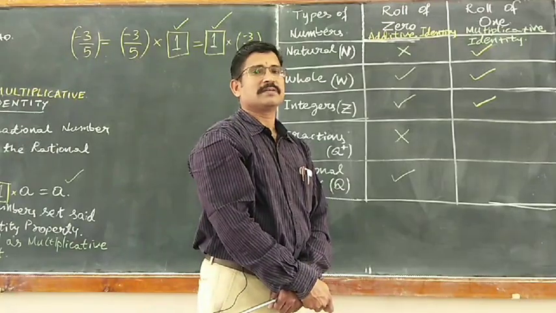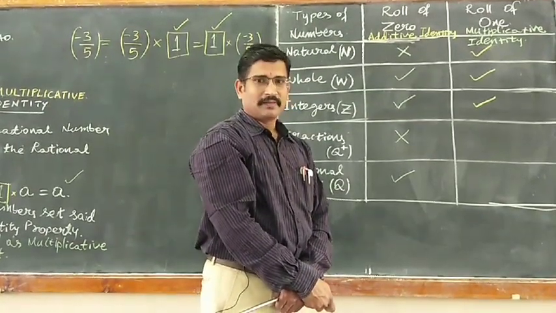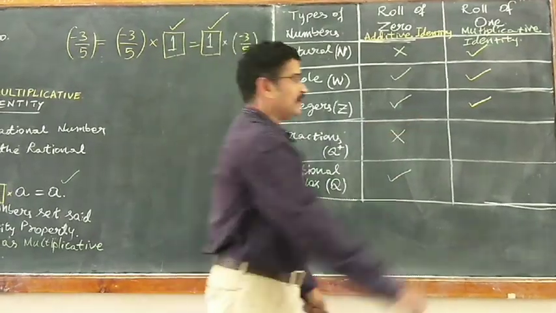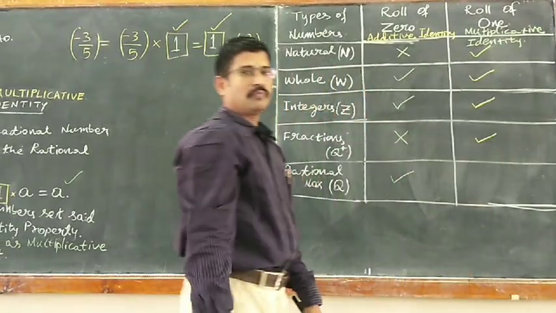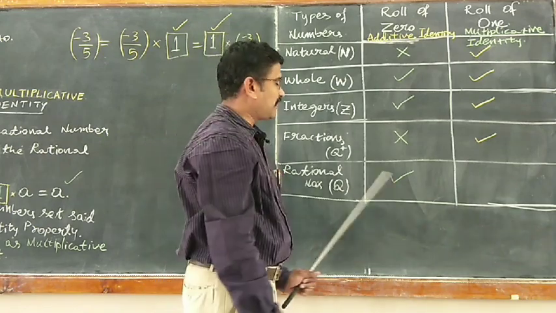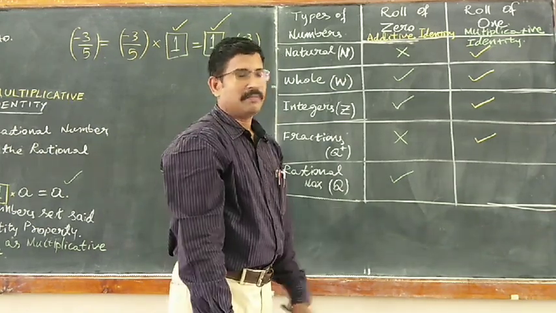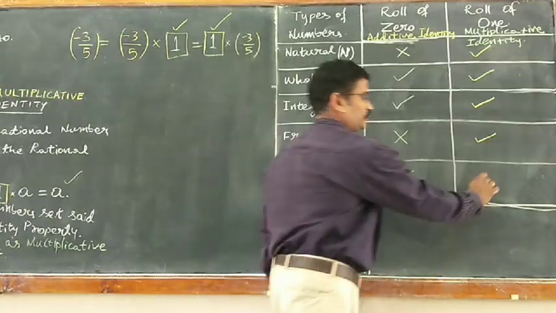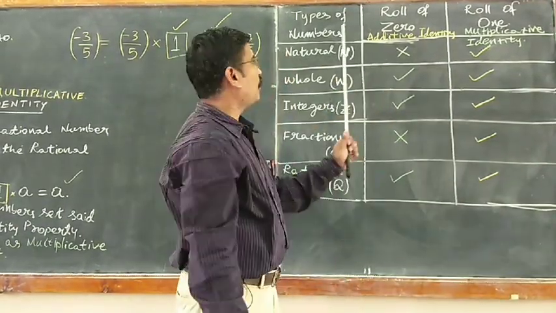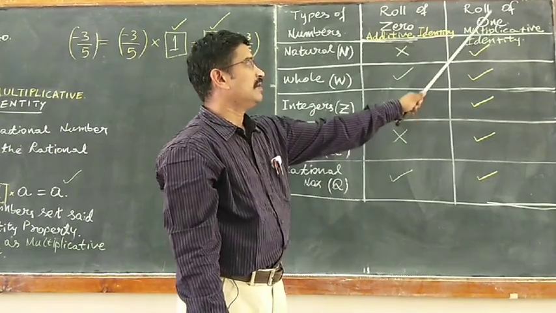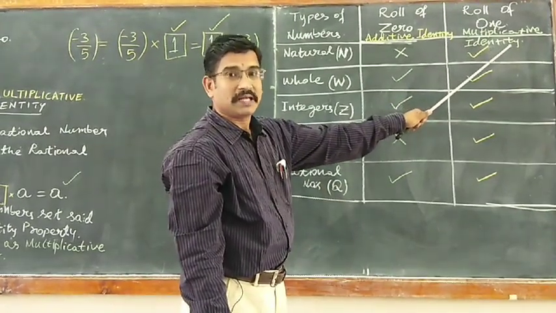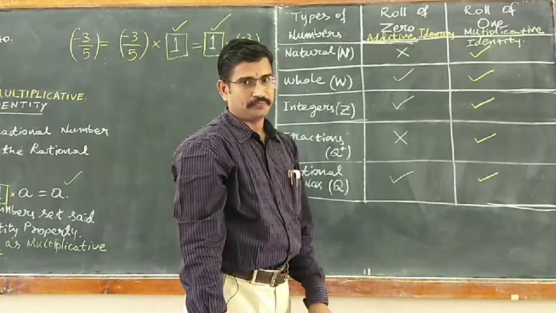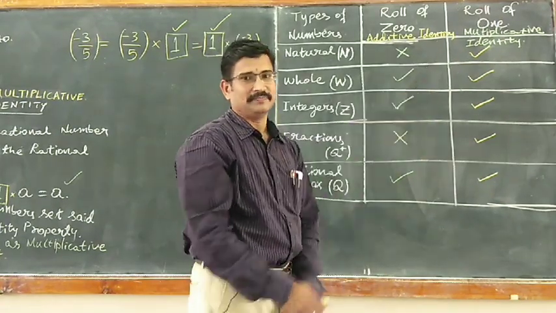So, 1 is a part of fractions, obviously even for fractions also multiplicative identity property is true. For rational numbers, since 1 is a part of rational numbers, multiplicative identity property is true. So, totally for all these types of numbers, multiplicative identity property holds true. So, that is the role of 1.